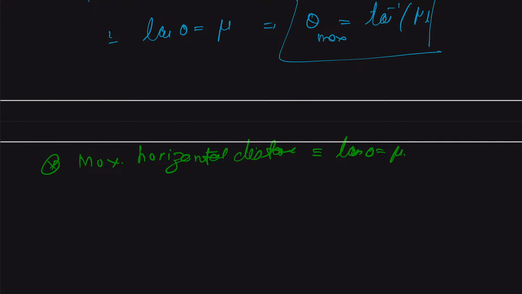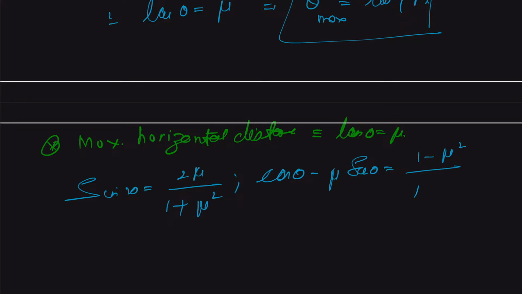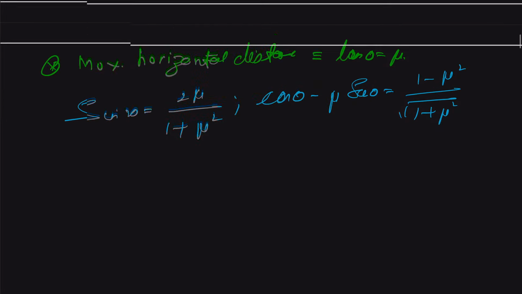Based on this, we can write our sine of 2 theta is equal to 2 mu upon 1 plus mu square, and we get cos of theta minus mu sine of theta will be equal to 1 minus mu square upon the square root of 1 plus mu square, and we substitute it into the distance.